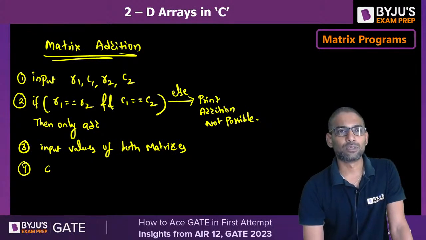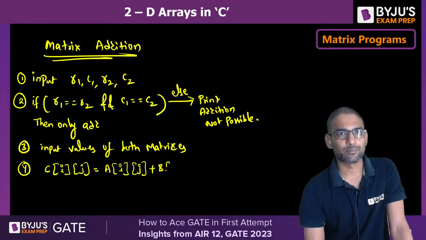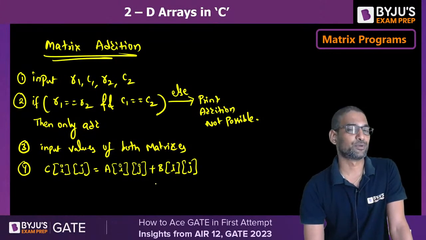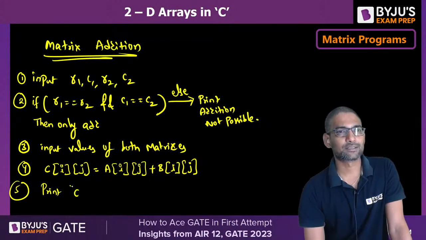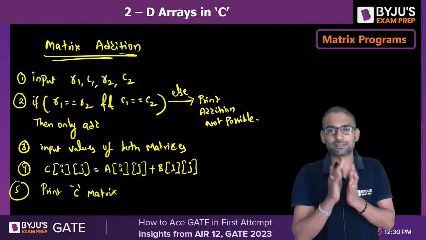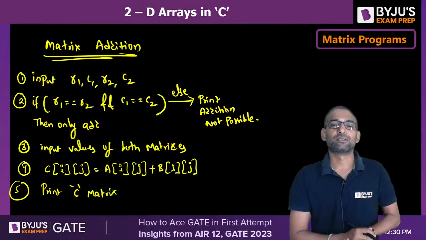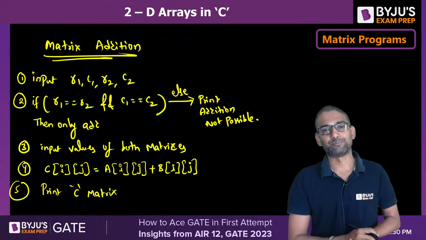You have to write this code in the nested loop: C of IJ is equal to A of IJ plus B of IJ. And finally, print the C matrix. So keeping these 5 steps as reference, you now go and start coding. Try doing this matrix addition program.